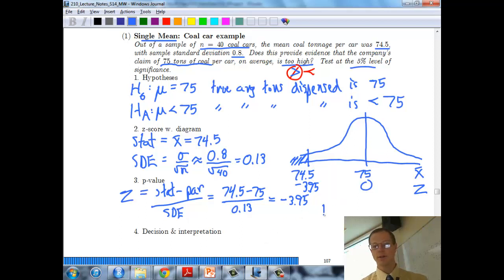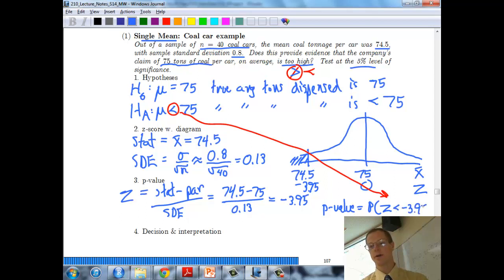So the p-value then is the probability that z is, we're going to use the same sign as the alternative hypothesis, just like we said before. In this case, it's less than minus 3.95. And when you flip to your table, you're going to see that it goes off the bottom of the table.